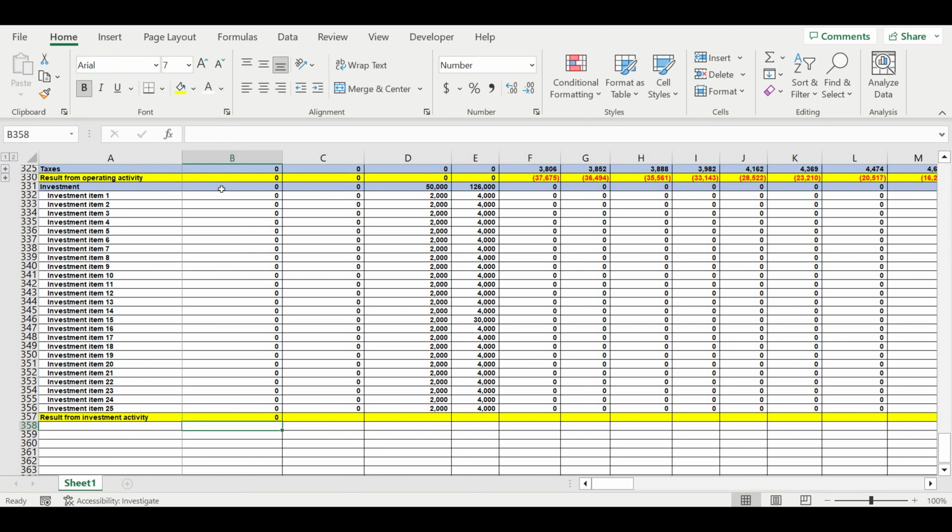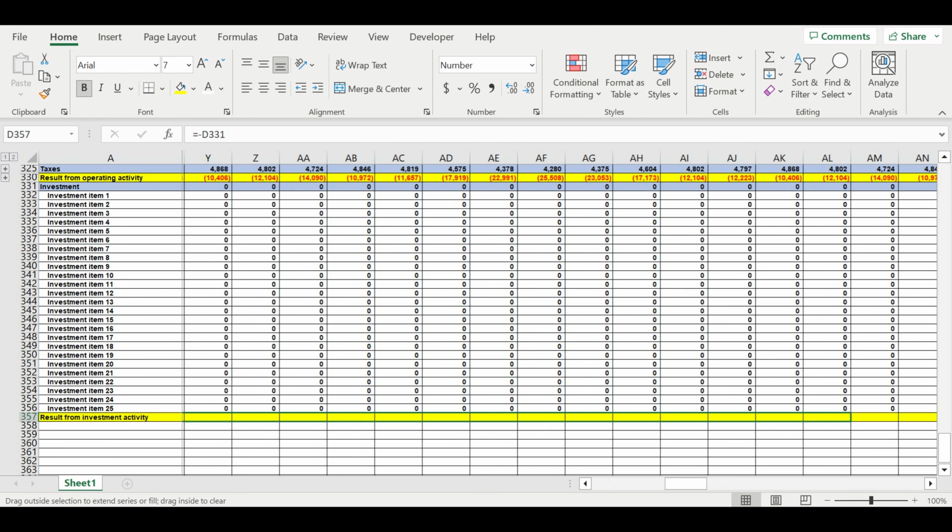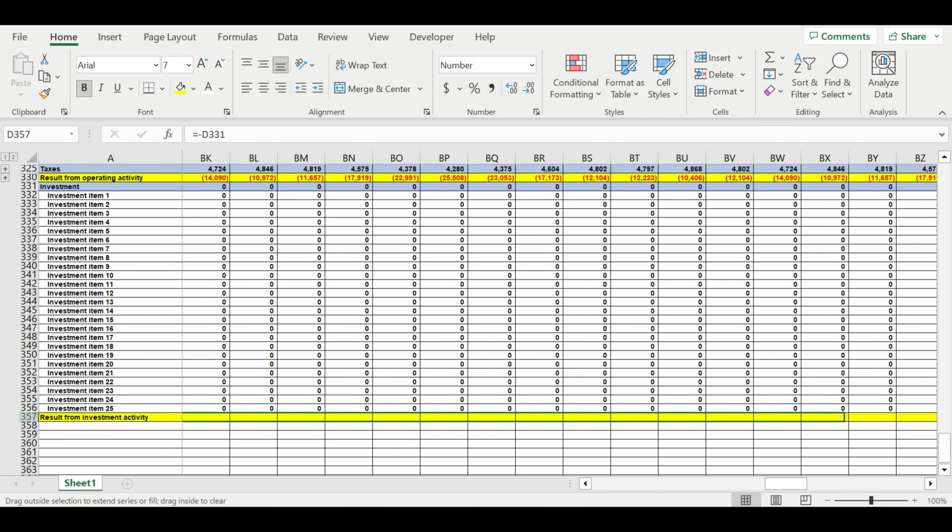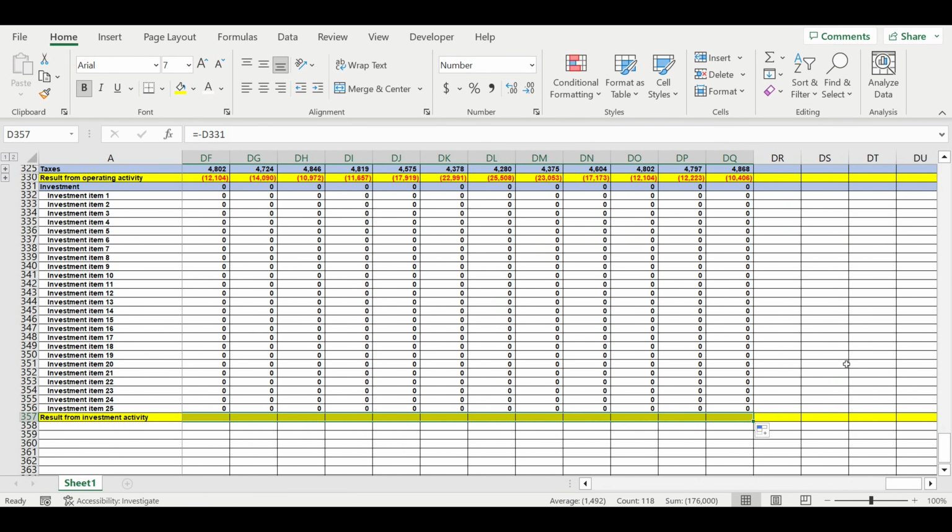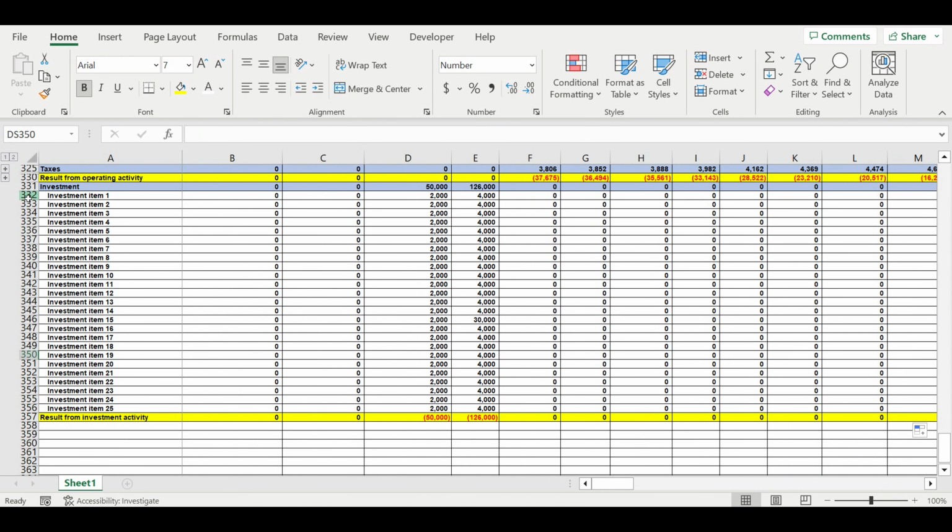In this particular case, that's why we have minus here. So we take the total of this with an opposite sign. Now let's group this data.